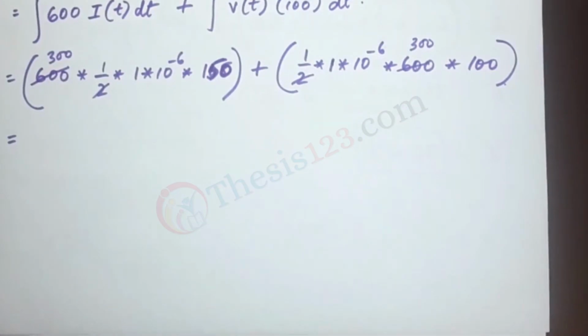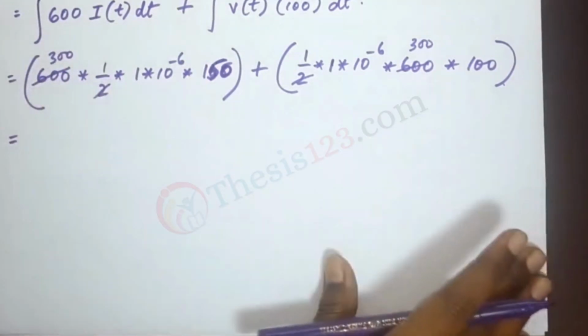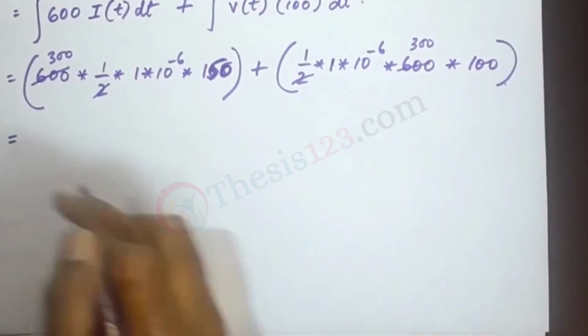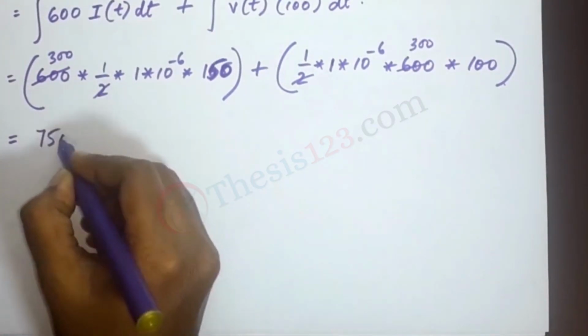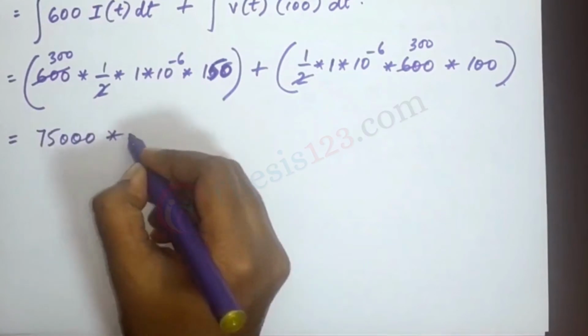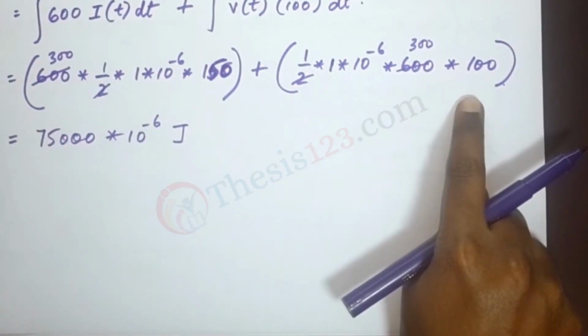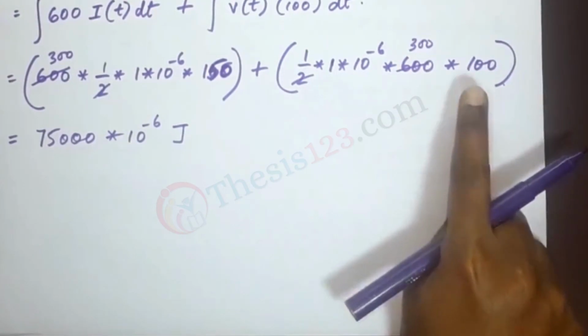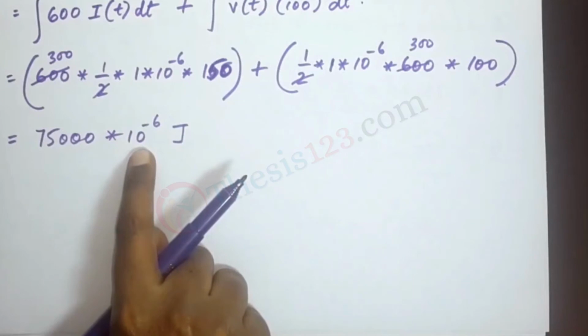Give you a moment and you can actually solve it. Let me just get the calculator here. You should get a value of 75,000 into 10 power minus 6 joule as the result of that entire equation. Now 10 power minus 6 is micro.